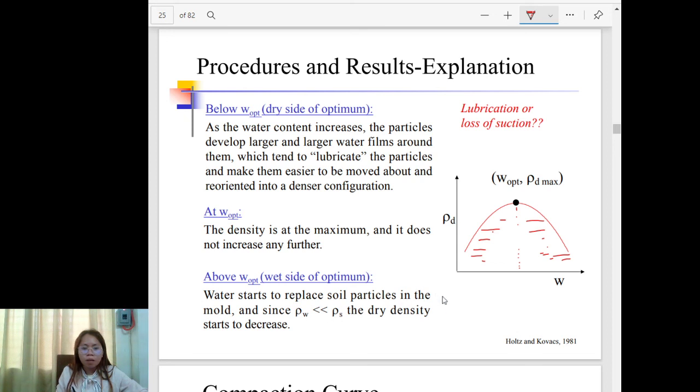No? Dry density is moist density over 1 plus moisture content. So since you increase the moisture content, the denominator increases. So the dry density will decrease on the wet side of the optimum.